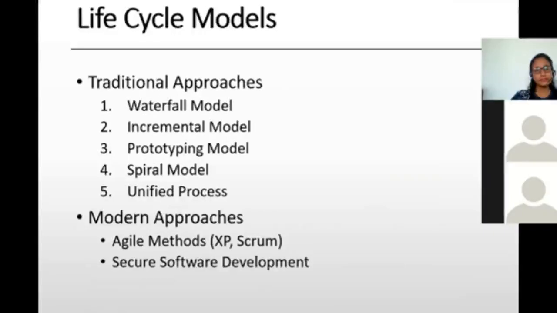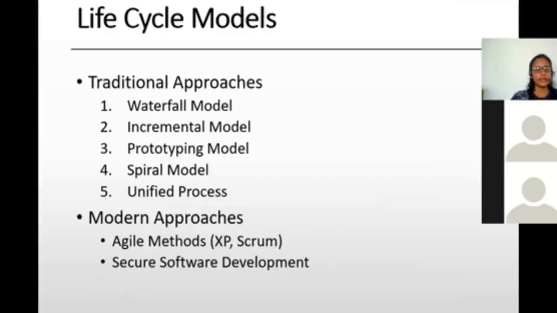Now here, the life cycle models. For example, under traditional approaches, we can say waterfall, incremental, prototyping, spiral, and unified process. In the lecture series, we are going to talk about waterfall, incremental, prototyping, and spiral only. You may learn the unified process model and the V model in the labs or the tutorial sessions, right?